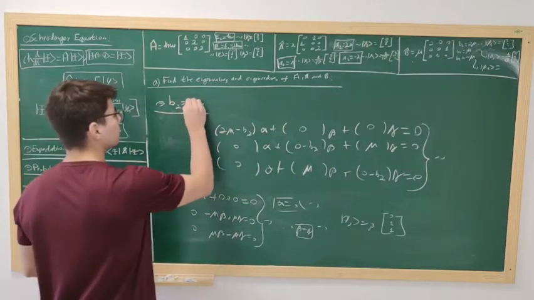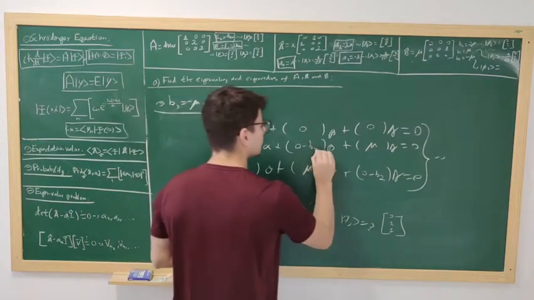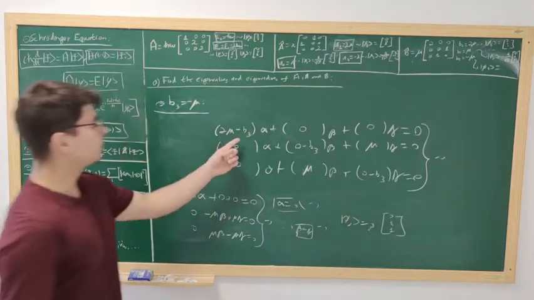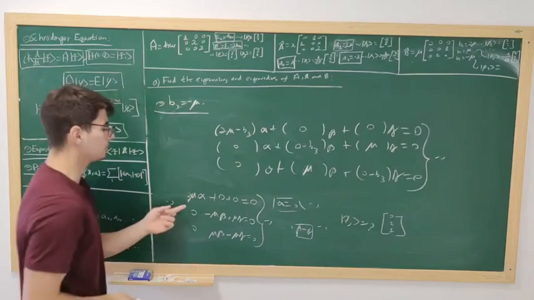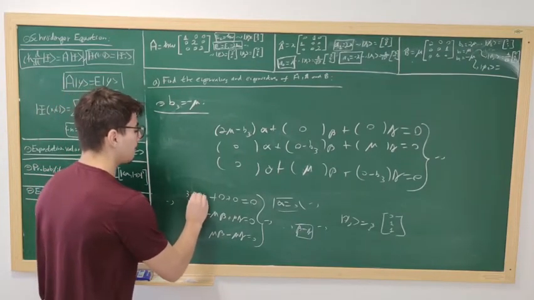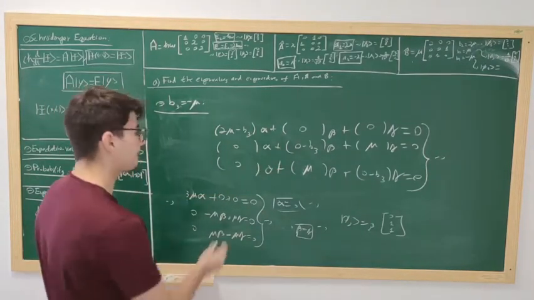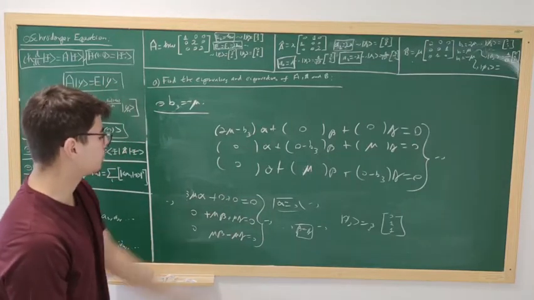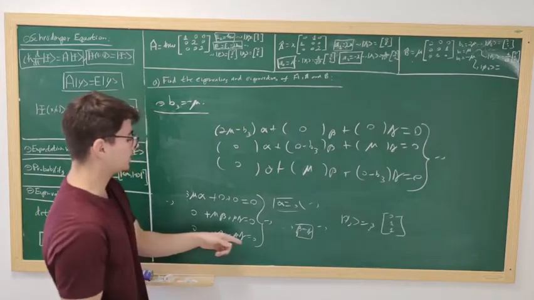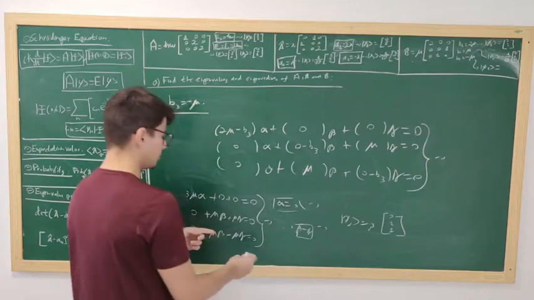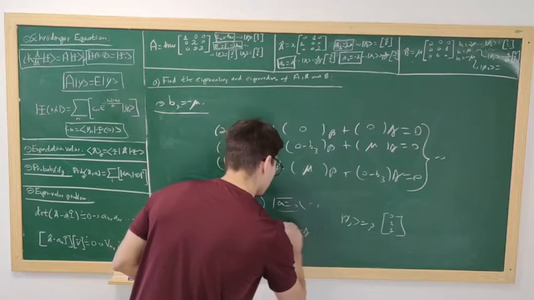And lastly, we just have to put a minus sign here to get b3. In this case, we get b3, b3, and b3. What do we get here? Well, this is 3 mu in our case, because 2 mu minus mu is just 3 mu. In this one we get a plus, this one remains with a plus, here we get a minus, and this remains with minus. So in this case, we have that alpha is 0 again, but beta equals minus gamma.